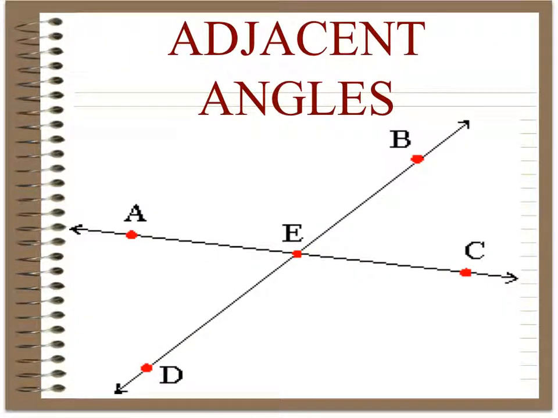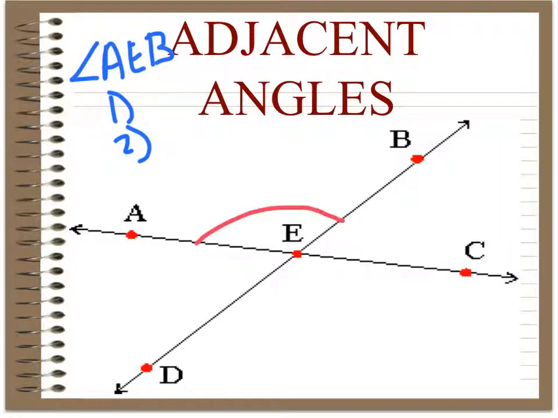So when finding adjacent angles, they will actually give you one of the angles that they want you to work off of. So I'm going to give you angle AEB, and they're going to ask you to come up with two adjacent angles. Now the trick for this is this. What you want to do is identify the angle that you're working with, and that's angle AEB. From there you want to put two dots on the ends of where the rays are.